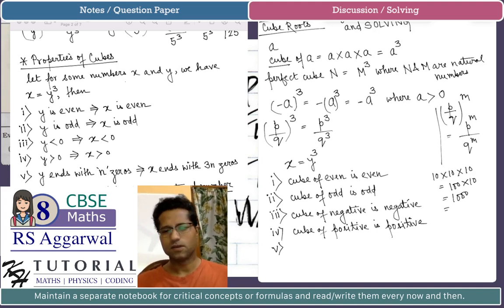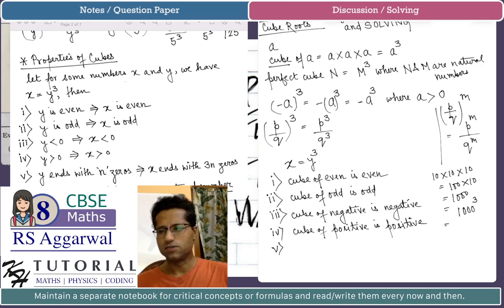So for every 0 in the number y, you will have 3 zeros in x, that is the cube of y. That is why it says that if the number y ends with n zeros, then its cube, y cube, that is x, will end with 3n zeros. For example, take 1000 cube.